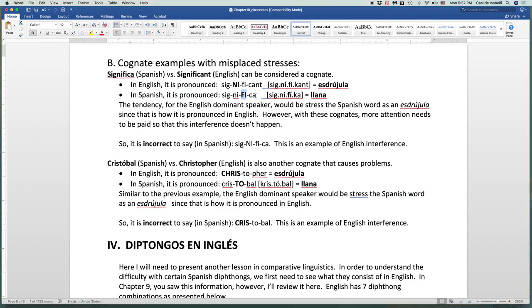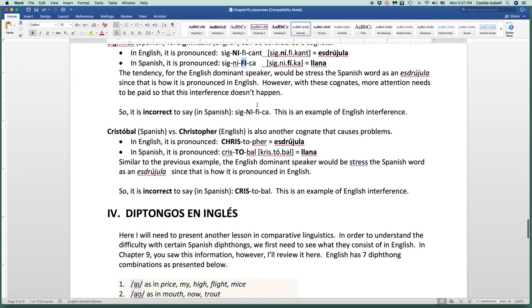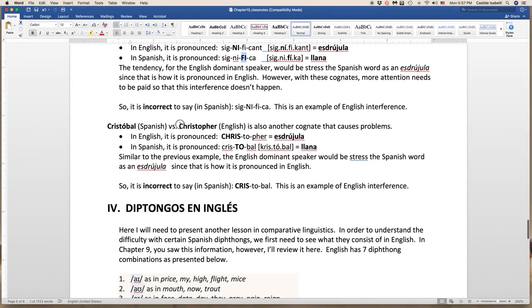So try and notice when we have those cognates that might throw us off. Christopher, in English, Christopher is an esdrújula, but in Spanish, it's actually Cristóbal. It's not Cristobal, like the one that the gypsy uses to tell the future, but Cristóbal, it's llana.